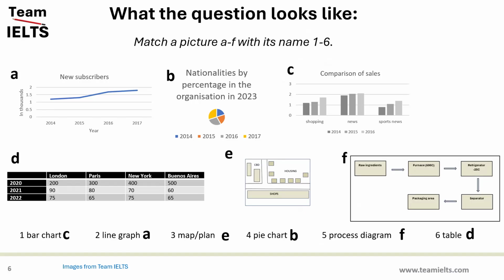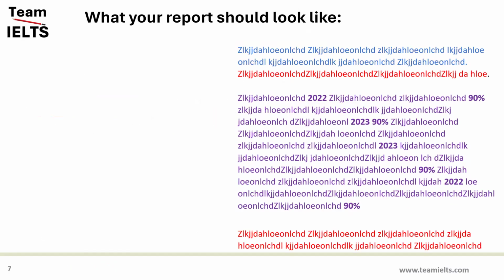What about your report? So all task 1 types can be written in this format, okay? So it doesn't matter whether it's a bar chart or a map or a plan, it can be presented in this way. So the first bit, and very important, is the introduction. And it's essential that your introduction contains 2 parts.